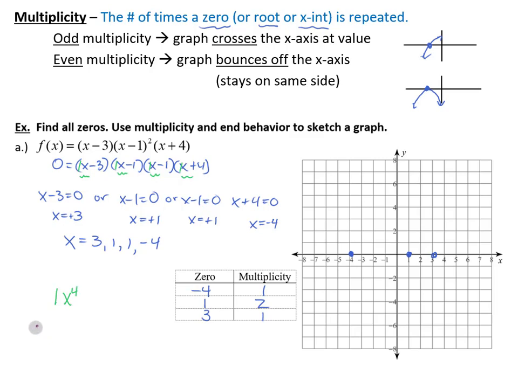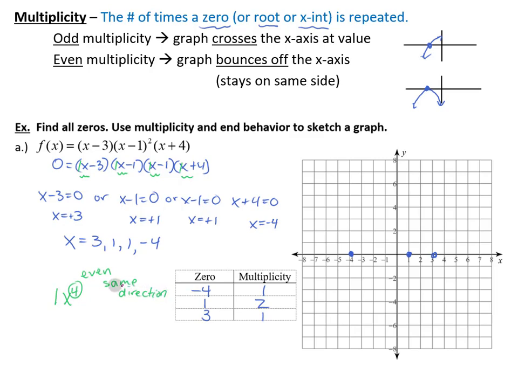This would be our leading term, the biggest possible term I would get if we spent our time multiplying all of that out. I'm really only interested in the very first and very last term for my end behavior. So this would be our leading term. It gives me the degree. It's degree 4, which is even. And so that means the tail ends of my graph go the same direction.